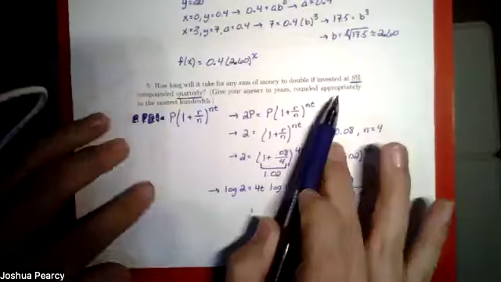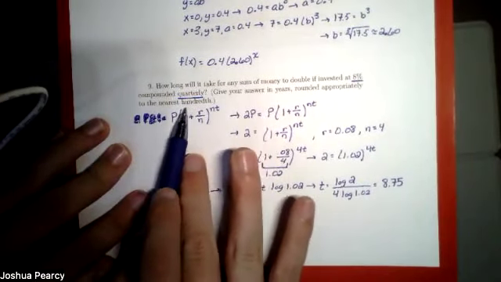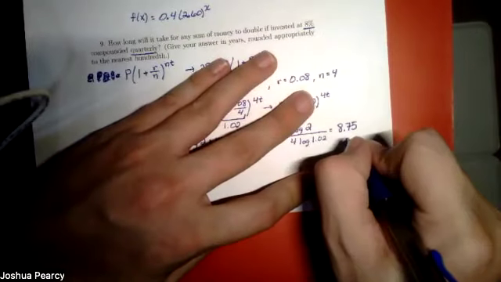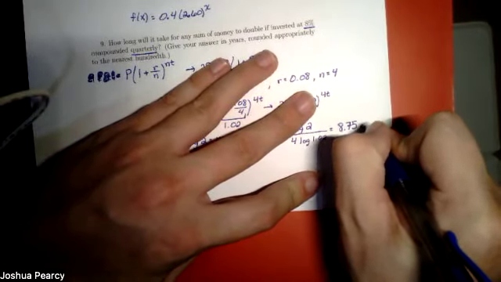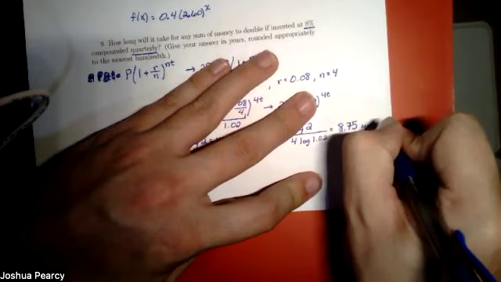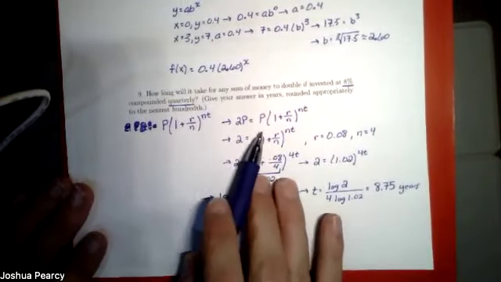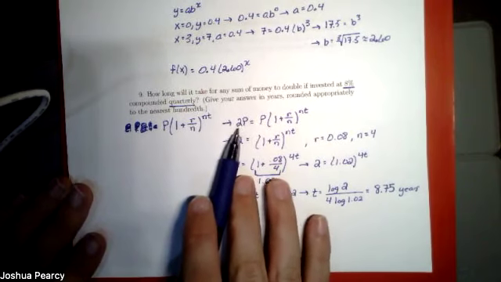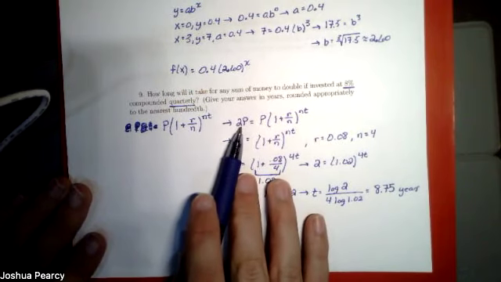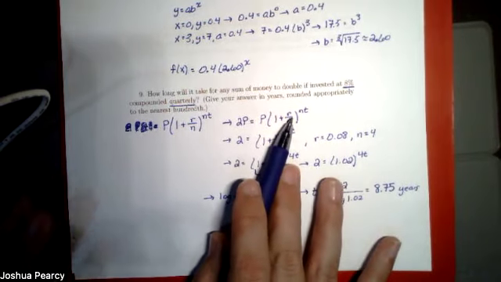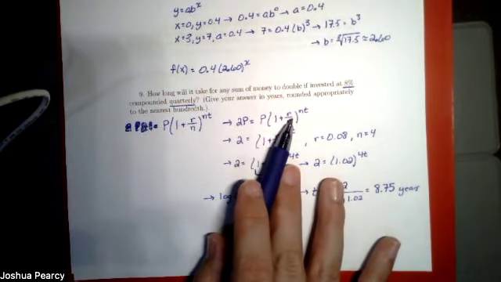It says to round approximately to the nearest hundredth, and remember, the hundredth is the second decimal place. That's why I rounded to 2. So this would be 8.75 years. And that's how you do that one. You need to see when your original investment is going to double, so the future value is going to be equal to 2P. You set it equal to the given formula for periodic compounding.